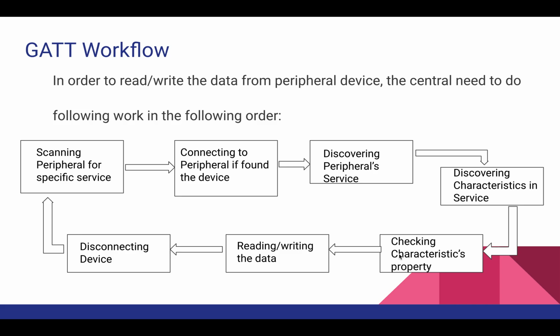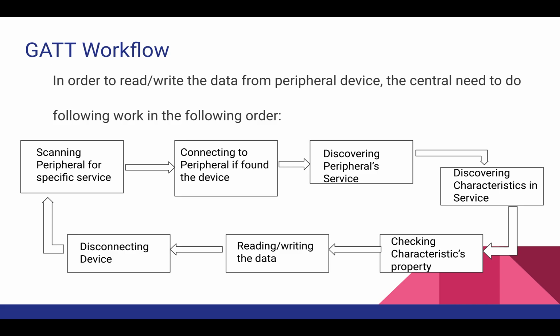If the central found the characteristic, before making any read or write operation, it will check other metadata attributes to know if the characteristic is readable, writable or subscribable. According to that information, we can perform the operation on the data. If the characteristic is readable, then only we can read the data. If the characteristic is writable, then we can only write the data.